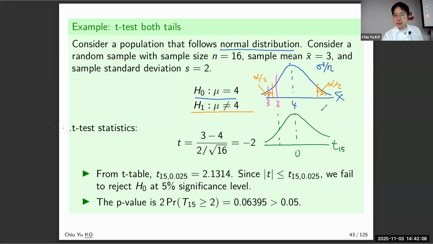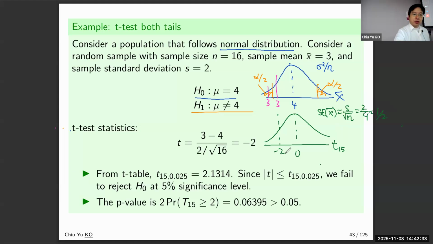Look at the standard error of the mean. If you know the sigma, then you use sigma over root n, but you don't know it, so it is s over root n. That would be 2 over 4, which is 1/2.